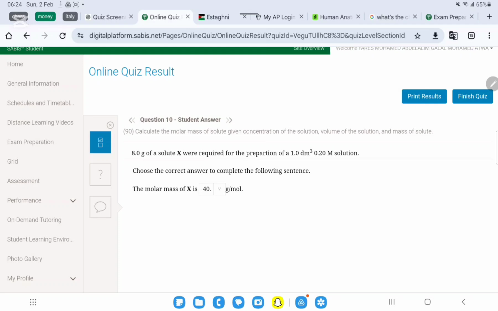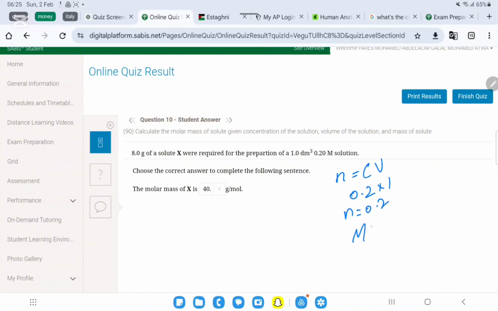8 grams of solute X were required for the preparation of 1 decimeter cubed of 0.2 molarity solution. So we want the moles first. n equals CV. C is 0.2, V is 1, so n is 0.2.